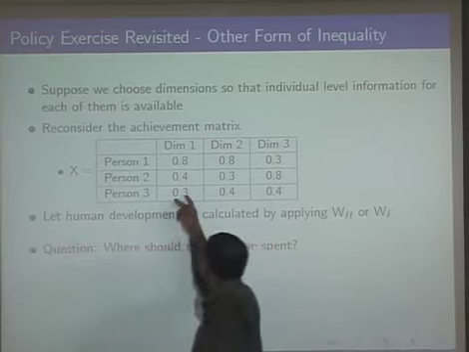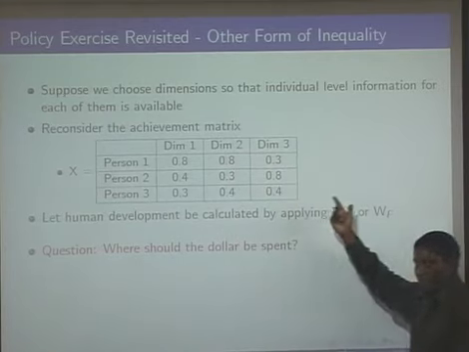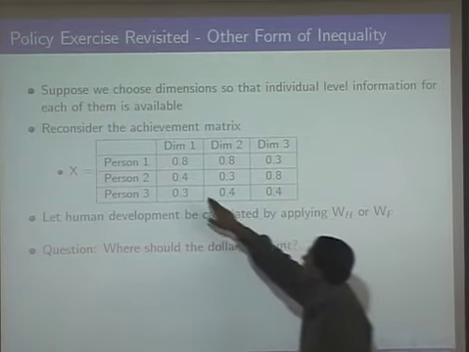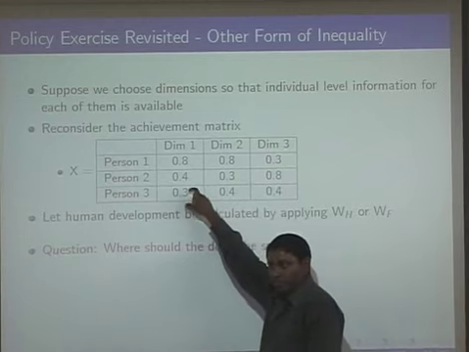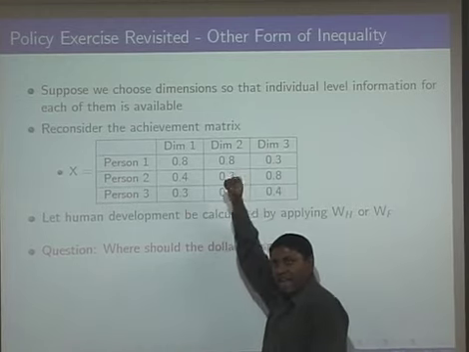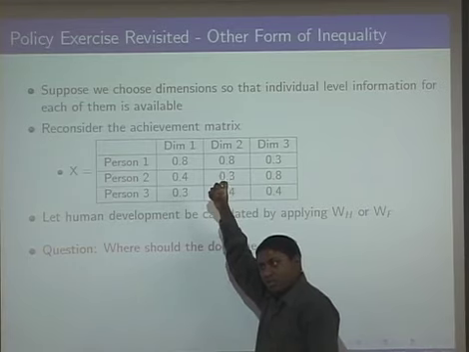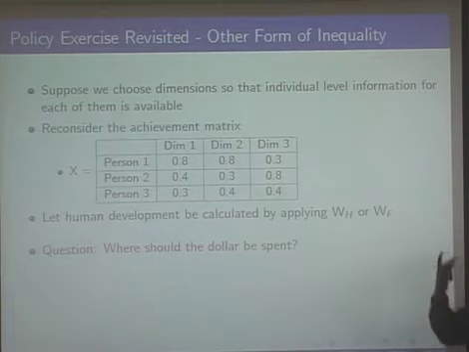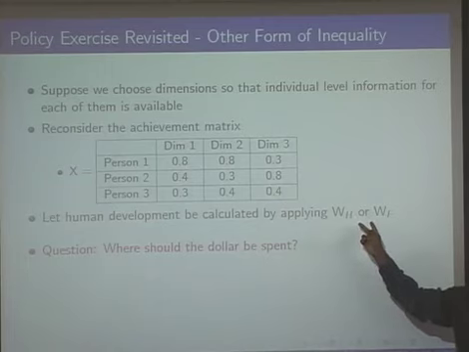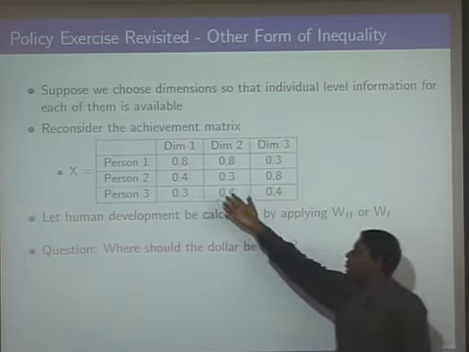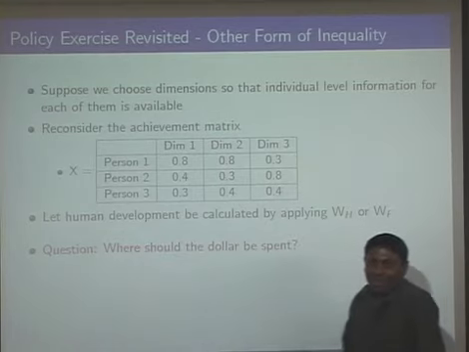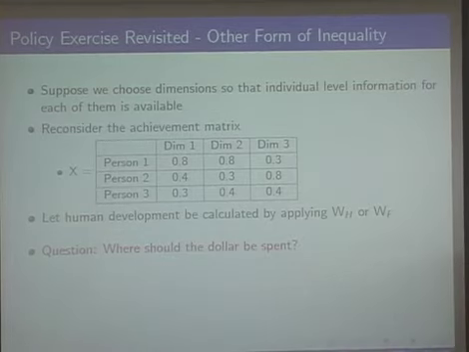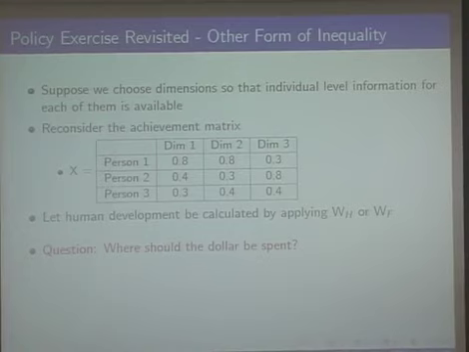So whether you spend it here, here, or here, they don't identify. If you do the Gini, you have the same distribution. So wherever you spend it, here, here, or here, you will have the same Gini coefficient, the same change in Gini coefficient. So actually it does not matter. So if you are a policymaker and you are using any of these two indices, you are actually indifferent about spending. It doesn't matter to you. Why put some effort to identify the proper person? Just spend it on the dimensions. You see?